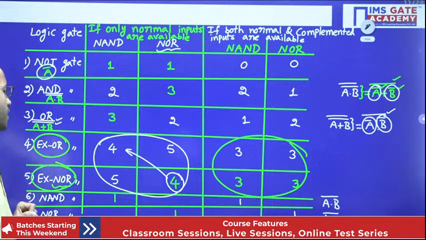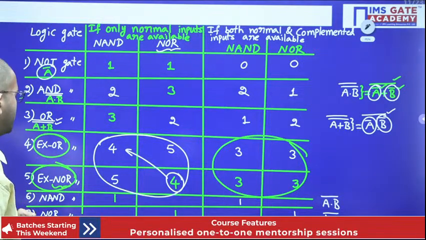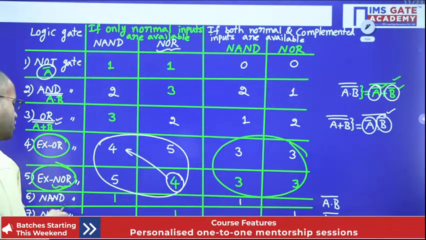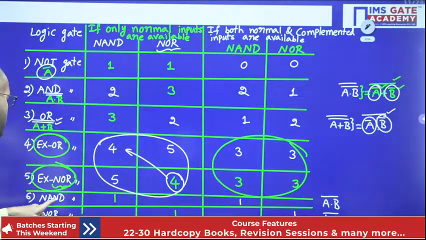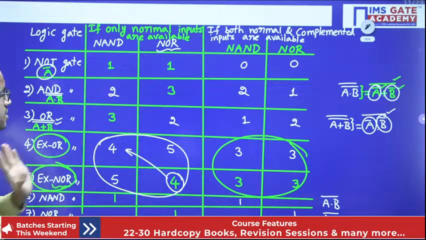Now all of you give a try. For implementing a 2 input NAND gate, how many NOR gates are required? And for implementing a NOR gate, how many NAND gates are required?